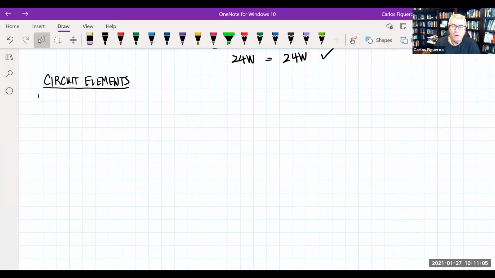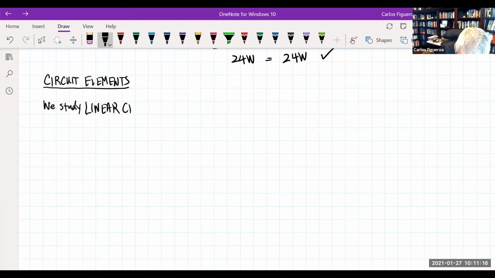So now we study linear circuits. What does it mean to be linear circuits?